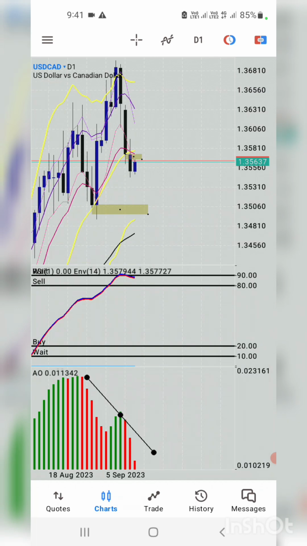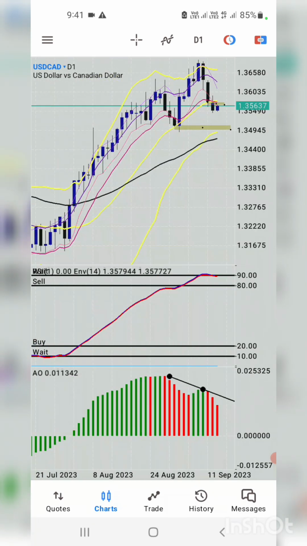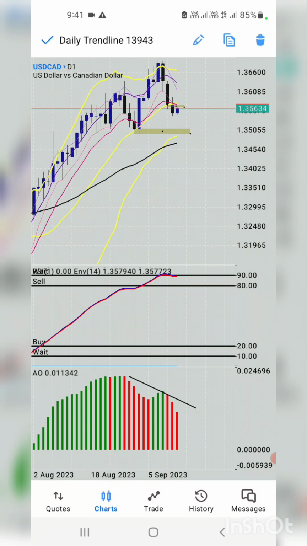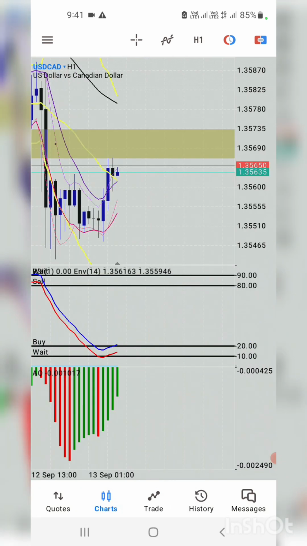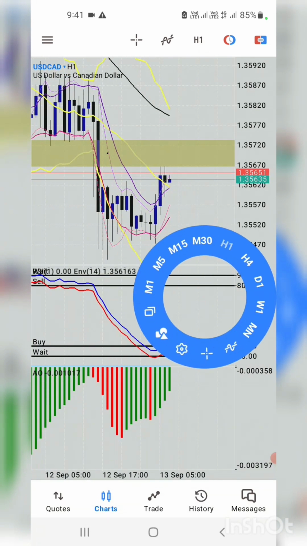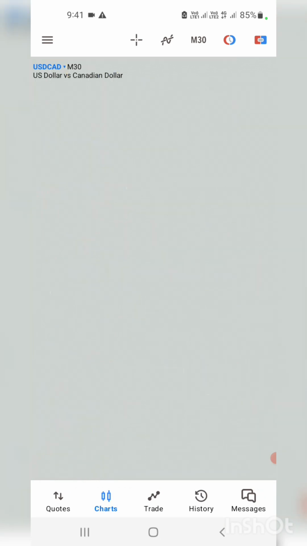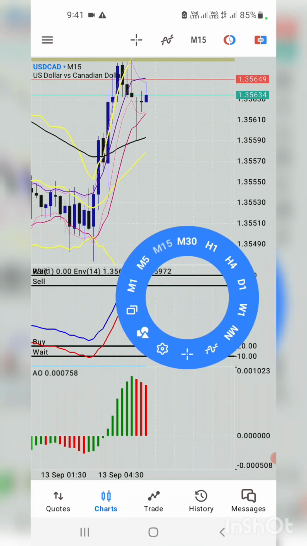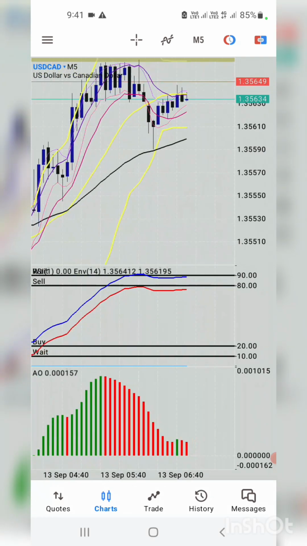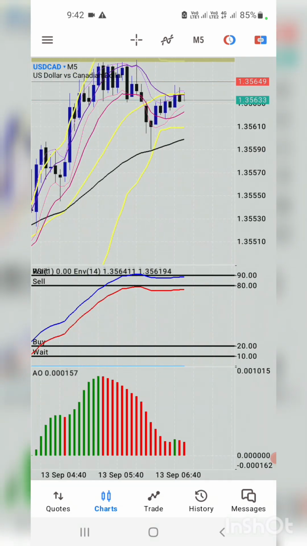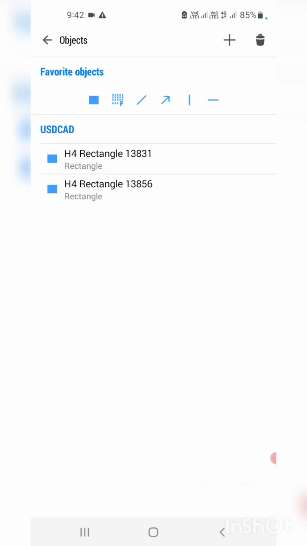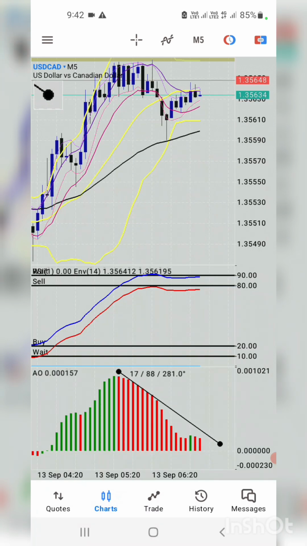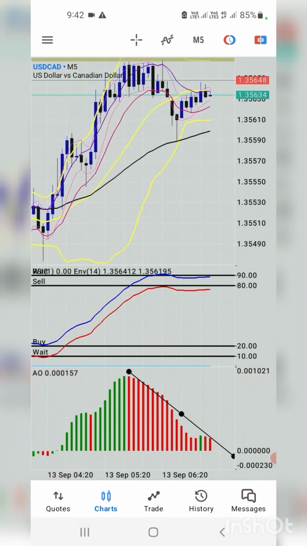Here we have Awesome Oscillator divergence, so price will go down. In a lower time frame like the 5 minutes time frame, we also have this Awesome Oscillator divergence setup, so we can take this area to sell.